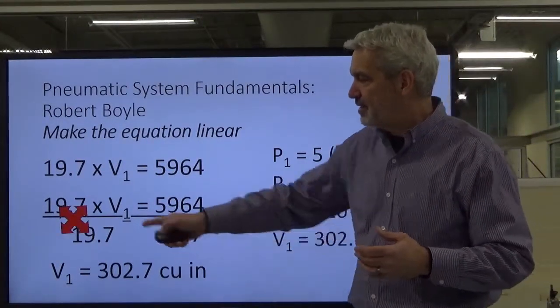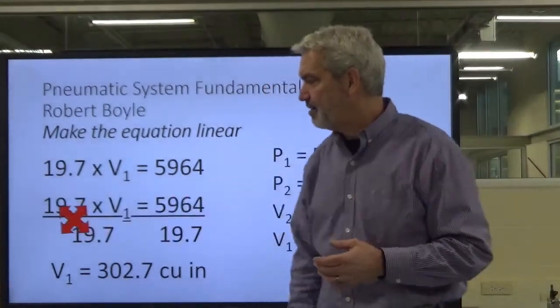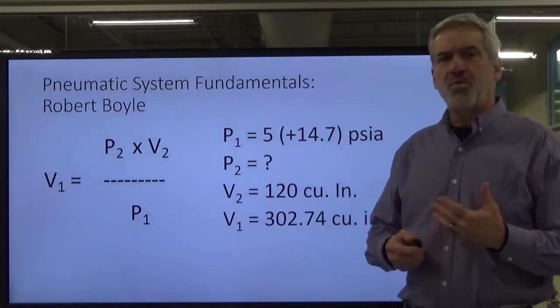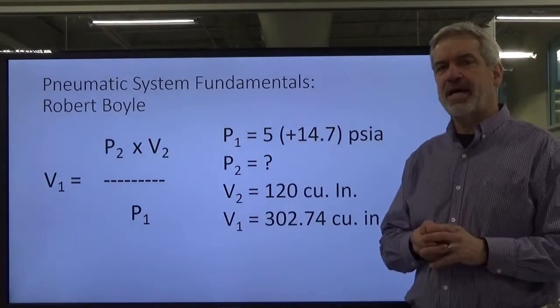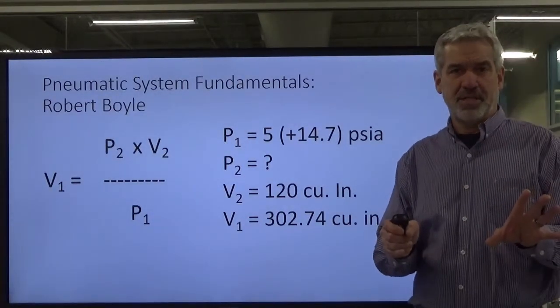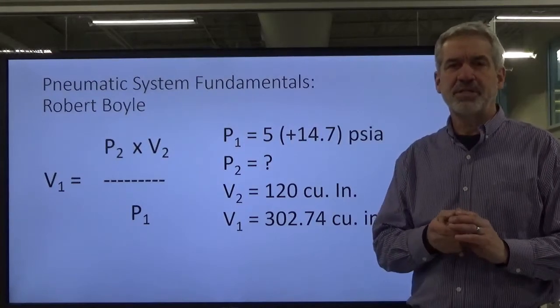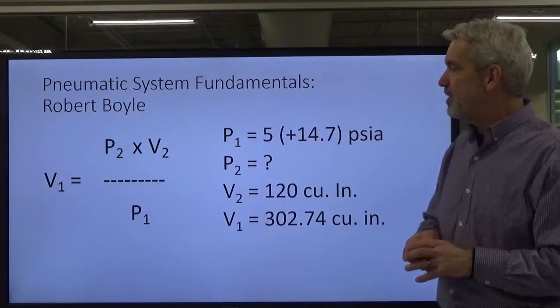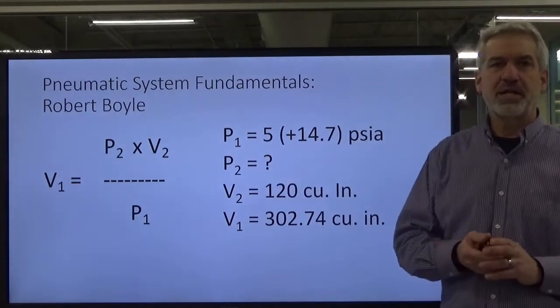Now, again, this little arrow says that whenever we divide something by itself, it cancels it out, okay? So now we're going to work it again, only this time we're going to use the same numbers for simplicity, okay? I don't want to throw a bunch of different numbers. This way we can check to see if we're on the right track, okay? We're going to use the same numbers, only this time we're going to hide what our second pressure is, okay?